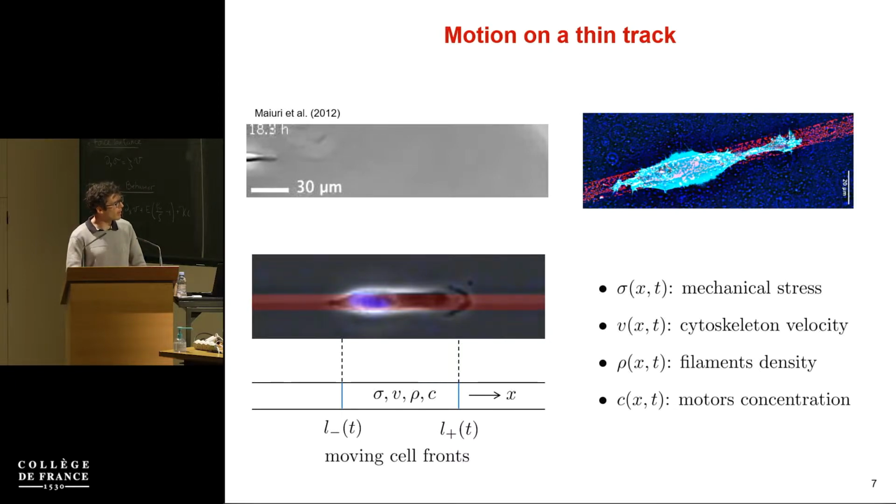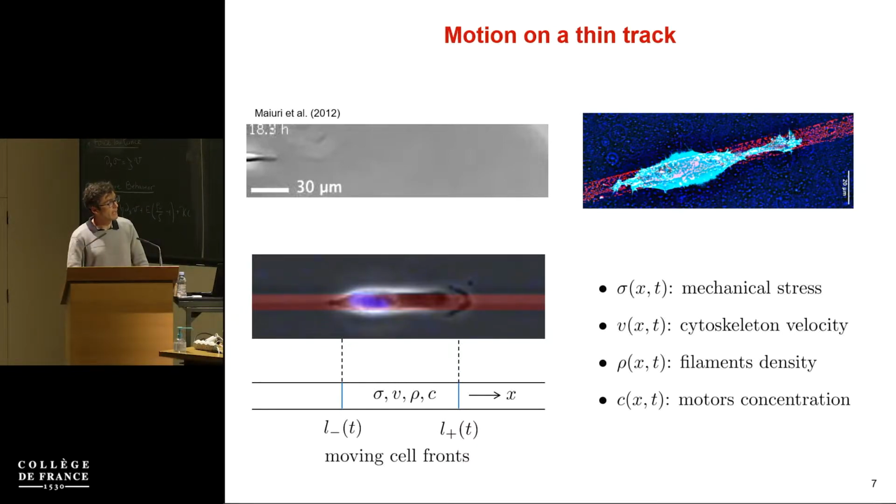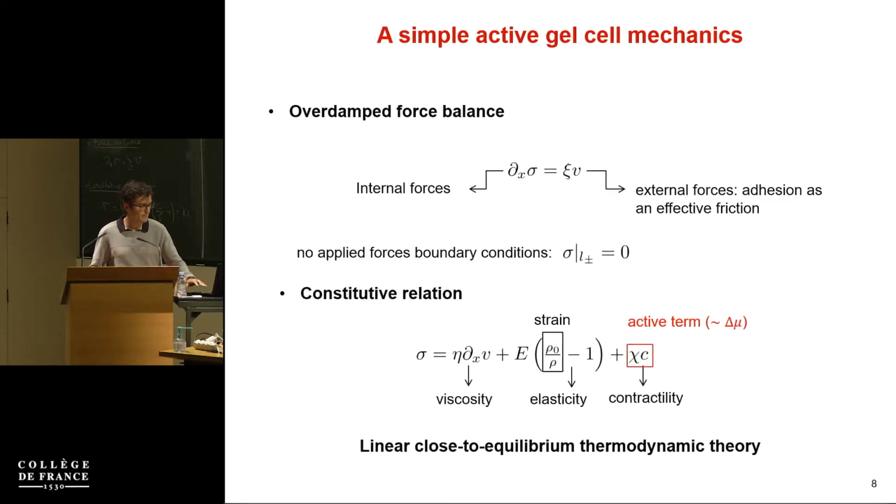There is a velocity, which leads to a continuum model, of course. There is a velocity of the cytoskeleton meshwork, the density of filaments, and the concentration of motors which cross-link the filaments. Okay, and now I need to write some mechanical balance law for this system.